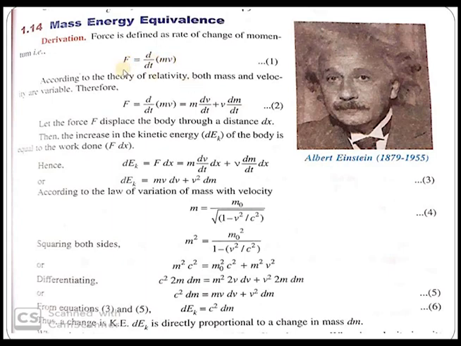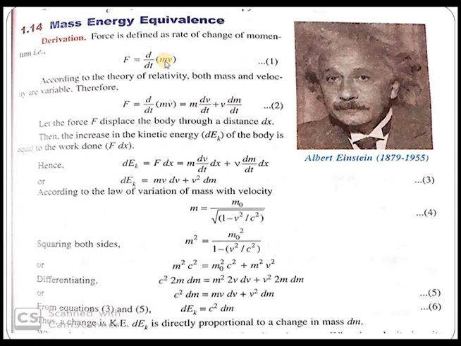According to the theory of relativity, we earlier assumed that mass is constant. But when we come to the relativistic case, where the motion is with a velocity comparable to the velocity of light, mass also changes, and we have an equation for the relativistic variation of mass with velocity: m is equal to m0 divided by root of 1 minus v square by c square. In this case, I cannot take mass as a constant.